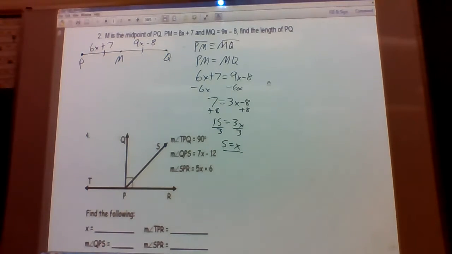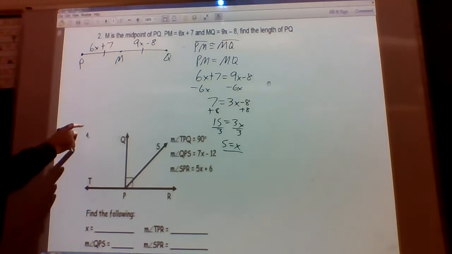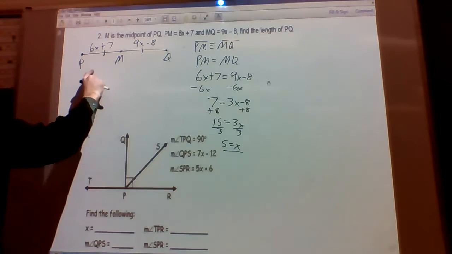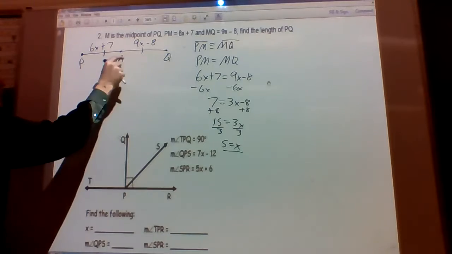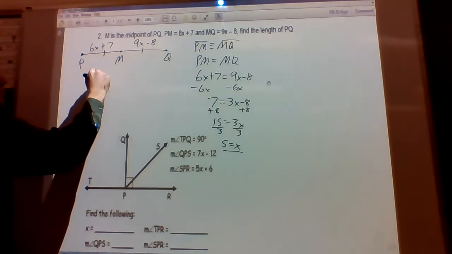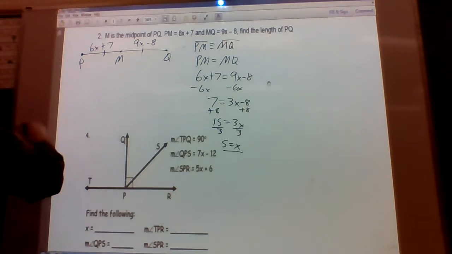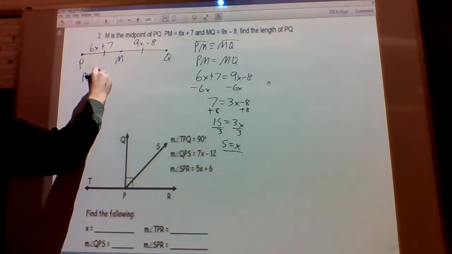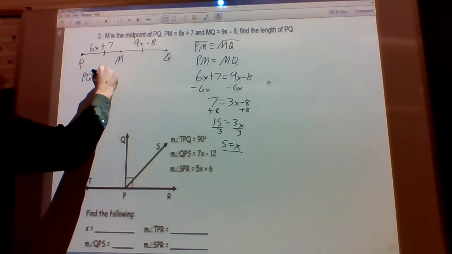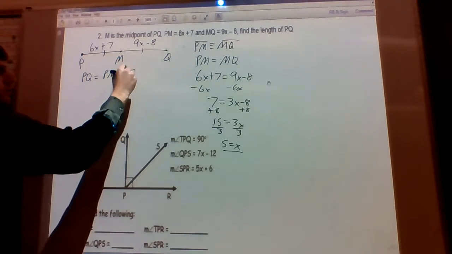Are we done? No, we are not done. The question does not ask for x. It asks for PQ. We just need to find x in order to find PQ. So PQ is going to be the whole thing, these two pieces added together. If we were to write it out formally, PQ is going to equal PM plus MQ.